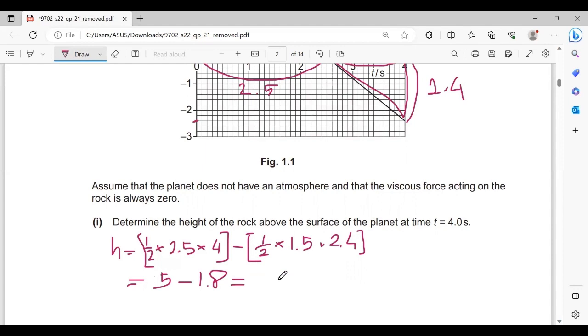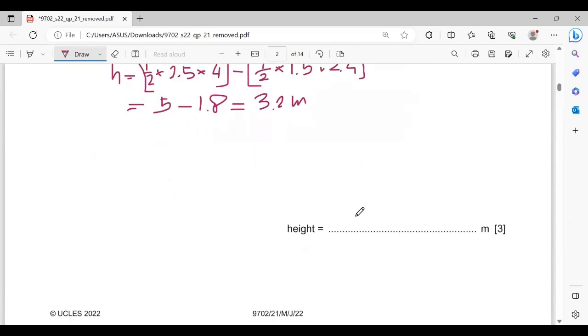So 5 minus 1.8 equals 3.2 meters. So the solution here is 3.2 meters.